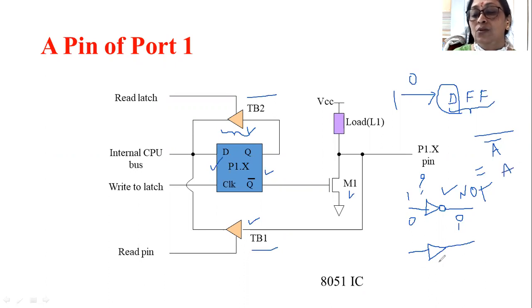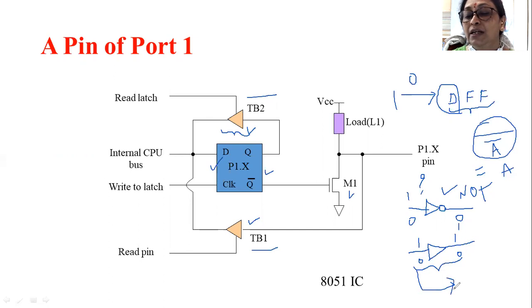So now, can you tell me what this is? This is an element to which if you apply 1, 1 will be present at the output. If you apply 0, 0 will be present at the output. So this will function similar to this, and the name of this element is buffer.